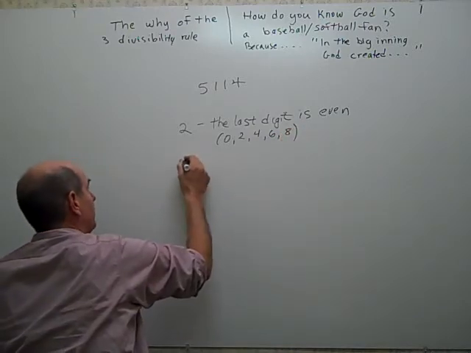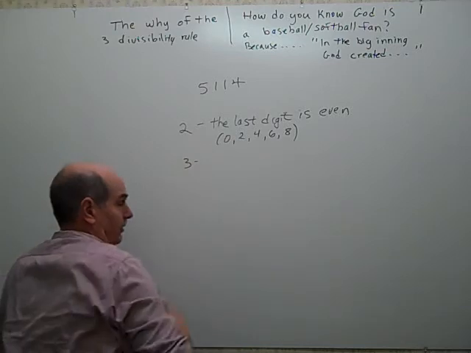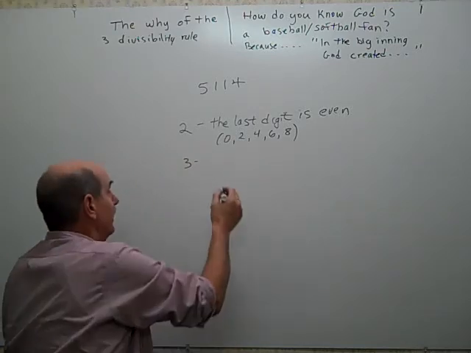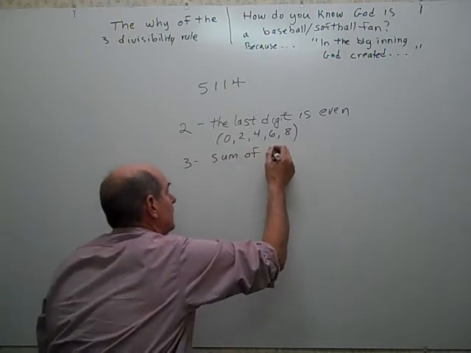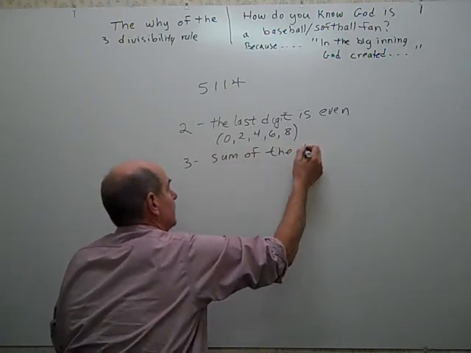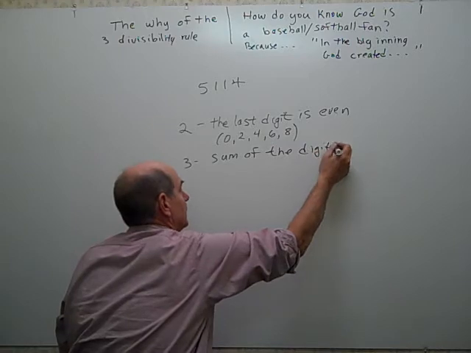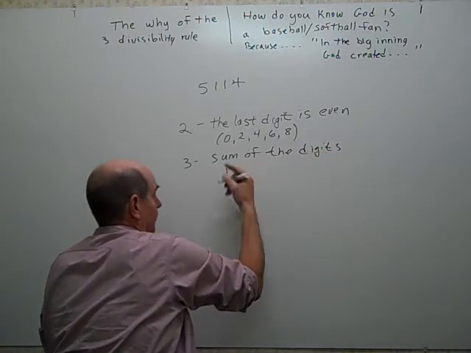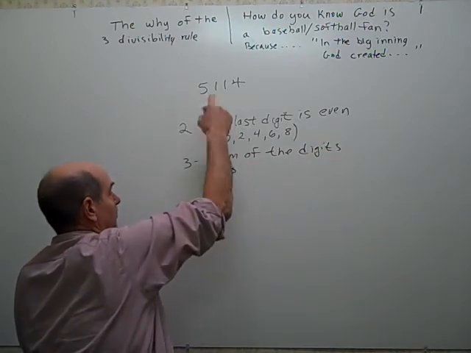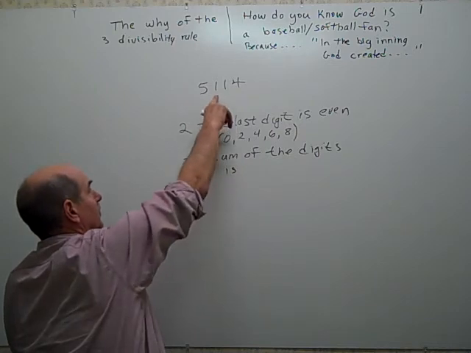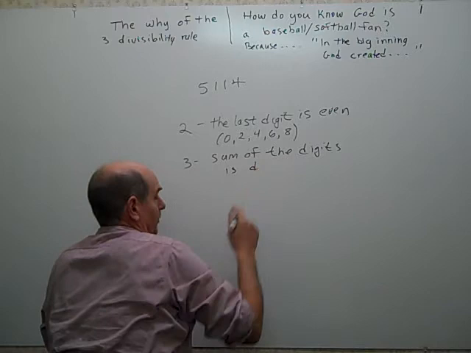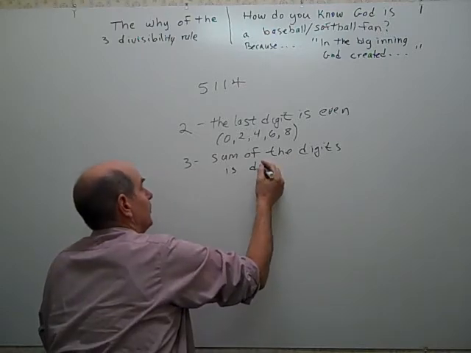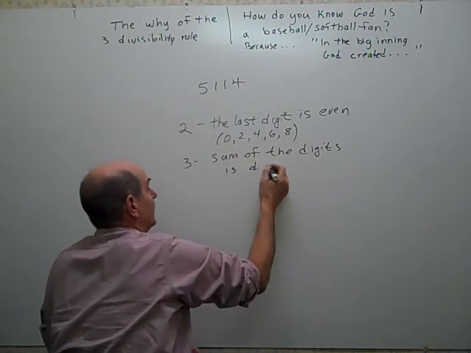The test for 3 is that the sum of the digits can be divided by 3. And sum means add, so for this number, just add them up. 5 and 1 makes 6, 1 more is 7, and 4 more is 11, and 3 does not go into 11, so 3 will not go into this number.